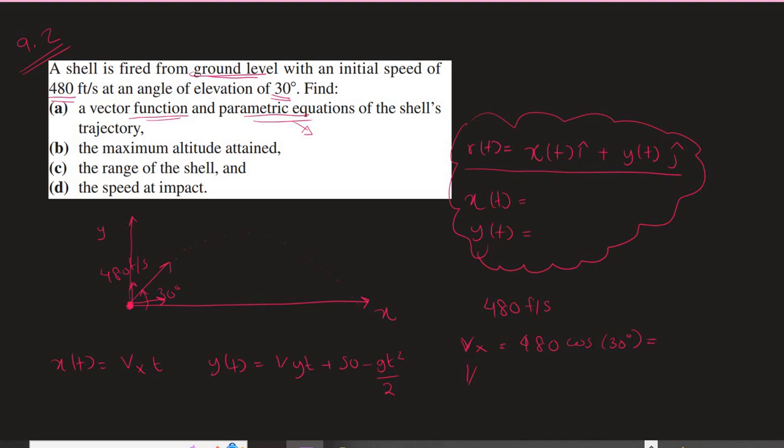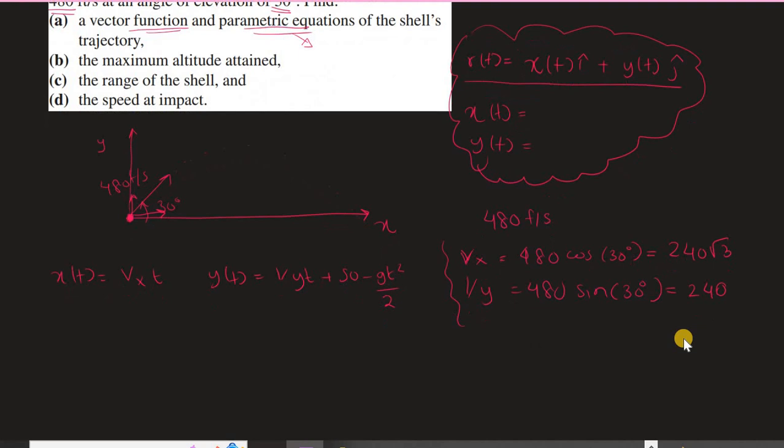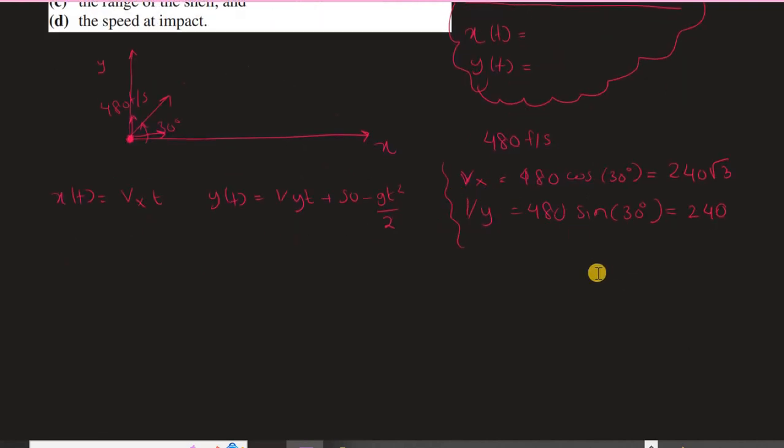And to find it in the y direction we do 480 sine 30. If you calculate that, this should give you 240 square root of 3, and this should give you just 240. Now that we have the initial speed in both directions, let's plug into these formulas.